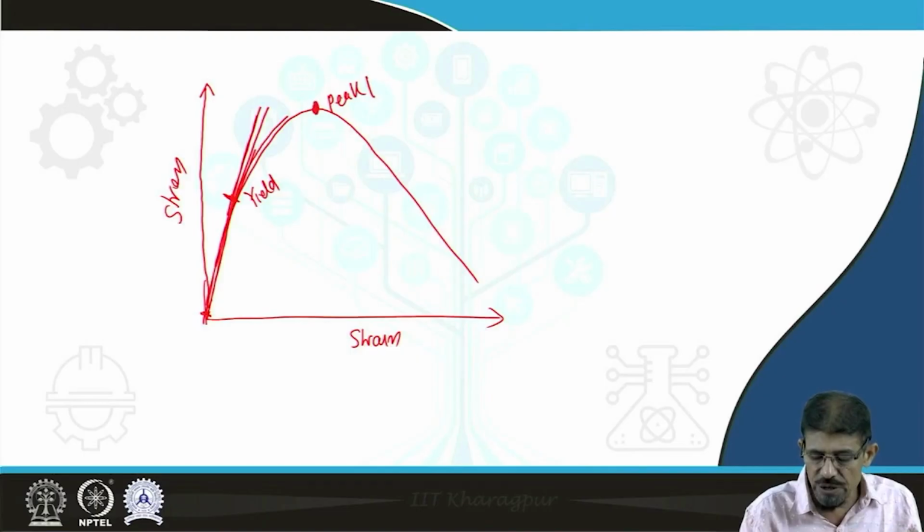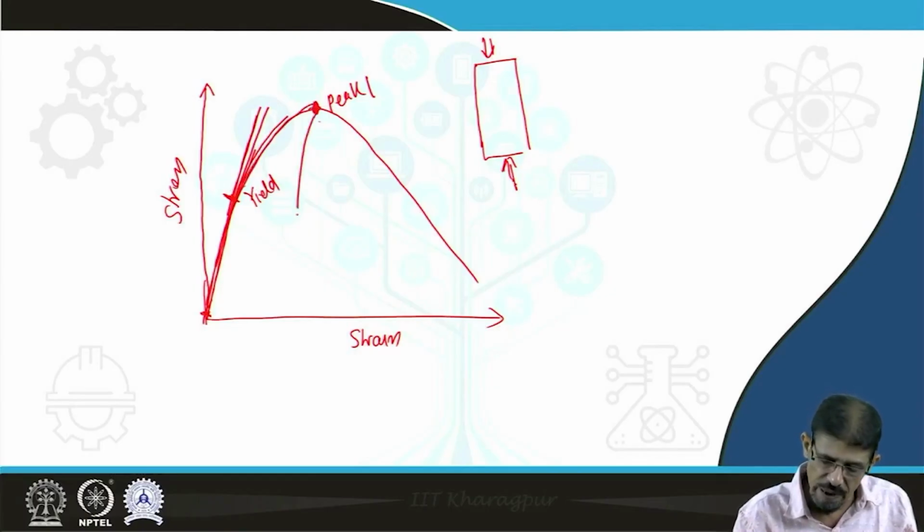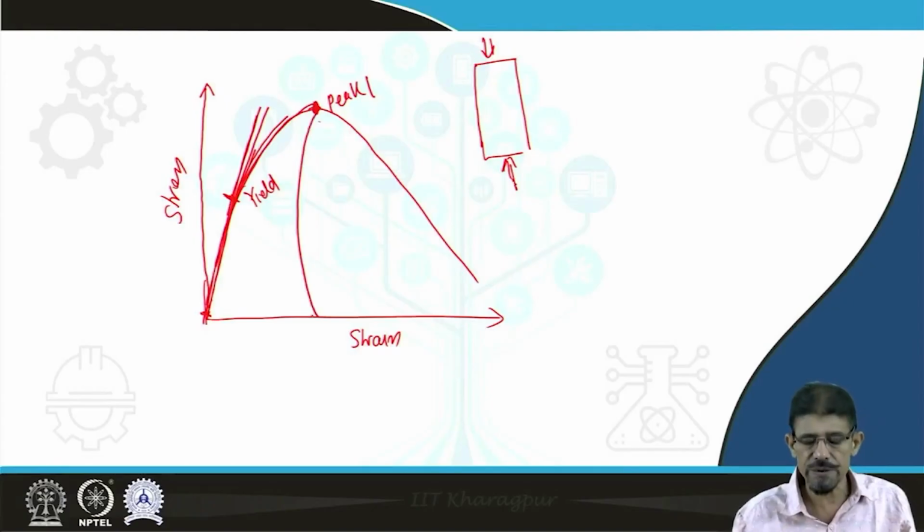After this, we are recognizing the sample. A rock sample under compression is going to lose strength, and if it is a brittle failure, then this curve is going to suddenly fall, like this.